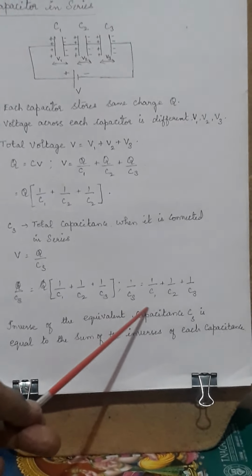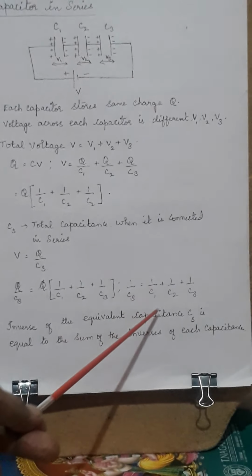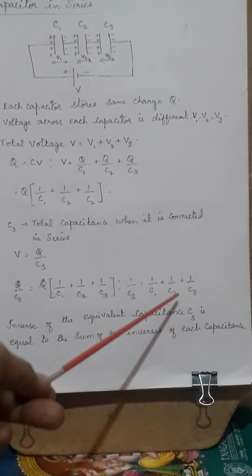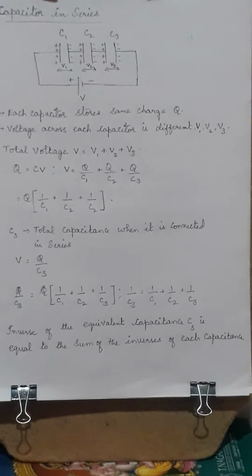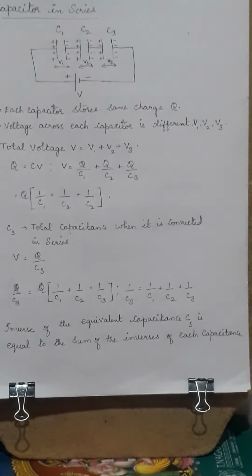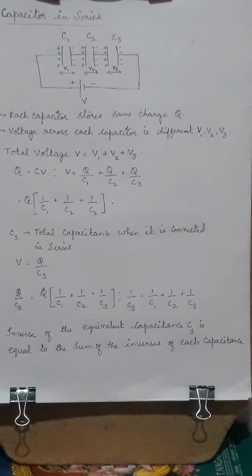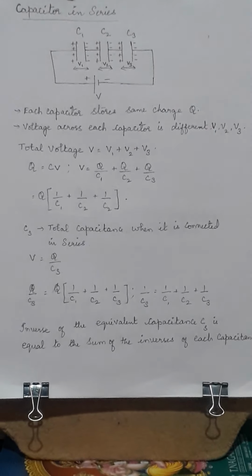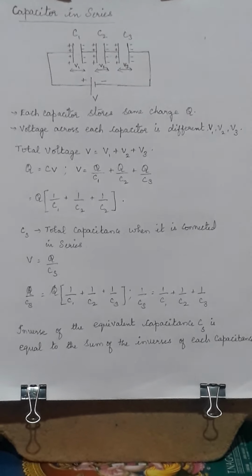Again it is 1 by C1, so you write the inverse of each individual capacitor. That is what capacitors in series are. The same you will study in chapter 2, lesson 2, but there it will be resistors in series.